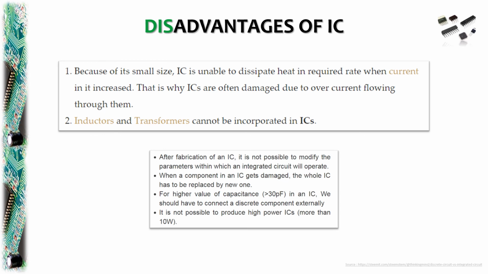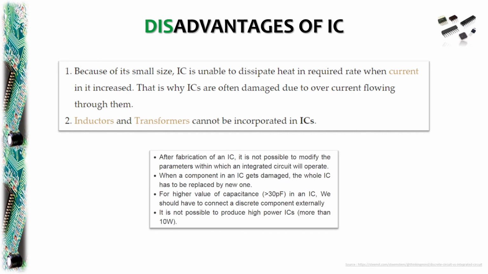For a higher value of capacitance, greater than 30 picofarad in an IC, we have to connect discrete components externally. Yeah, because as we have already discussed, because of the small size, they cannot bear current or power supply more than a certain limit, so we cannot use it in all devices or circuits, and it is not possible to produce high power ICs of more than 10 watts.